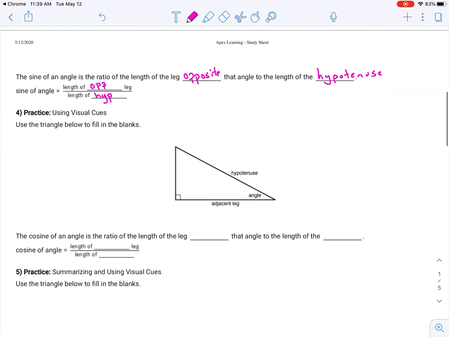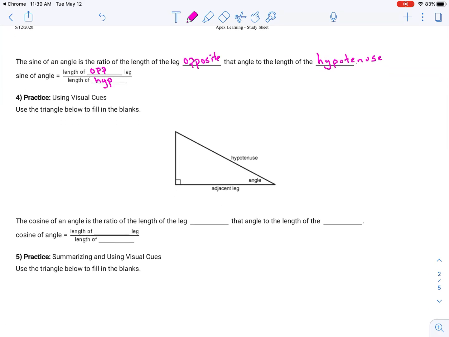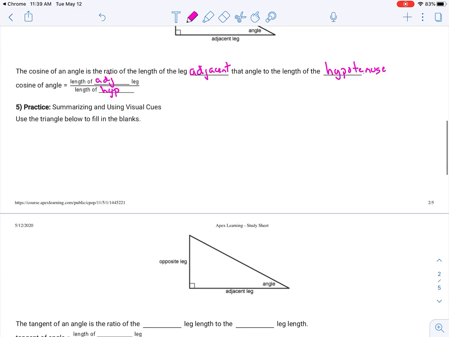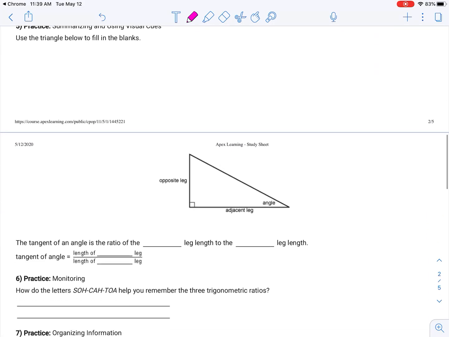Now we got to do cosine. So the cosine of an angle is the ratio of the leg adjacent that angle to the length of the hypotenuse, so that would be the adjacent divided by the hypotenuse, and again we'll explain that more later, and there's an easy way to memorize this that I'll tell you in a moment. 5.